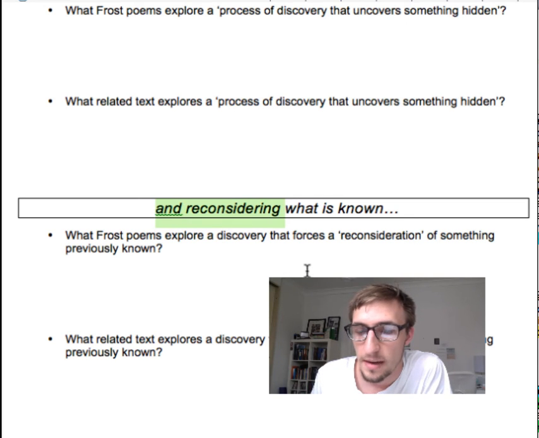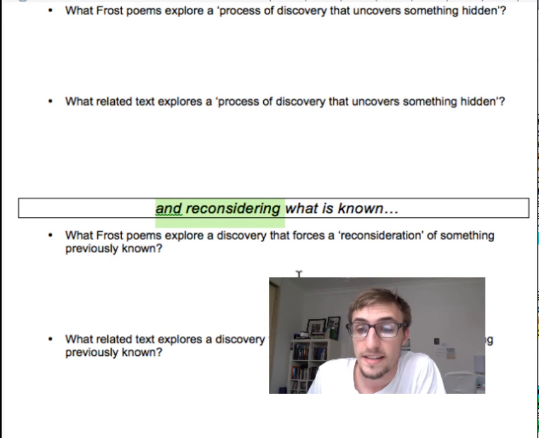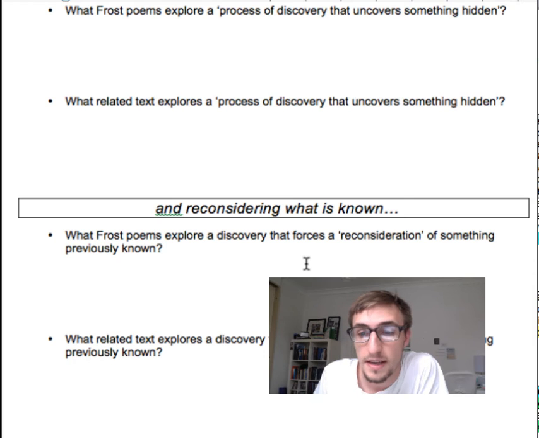Now the second part of the question involves reconsidering what is known. So again, are there any Frost poems that you understand to be a reconsidering of what is known? For example, does the speaker in Mending Wall reconsider by the end of the poem the way that he feels towards his neighbour?